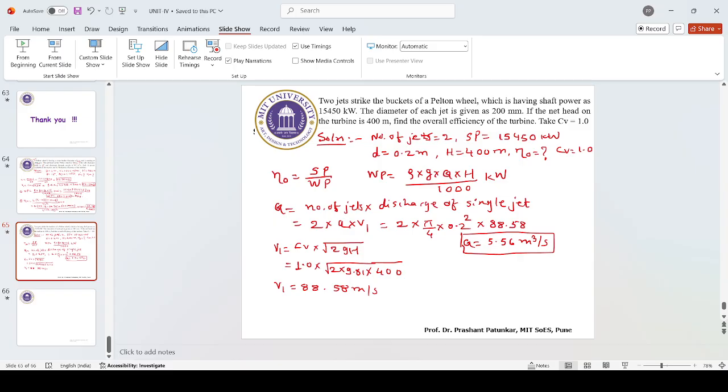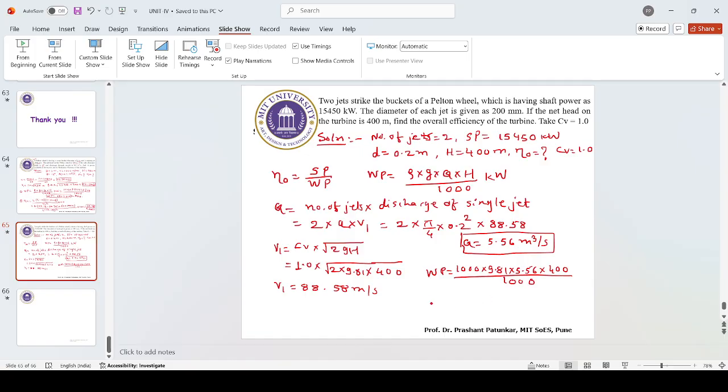So once I know this discharge, now it is easy for me to calculate the water power. That is rho, density of the water, 1000, into g 9.81, into discharge 5.56. Rho into g into Q into H, that is 400 meter, and it is divided by 1000.